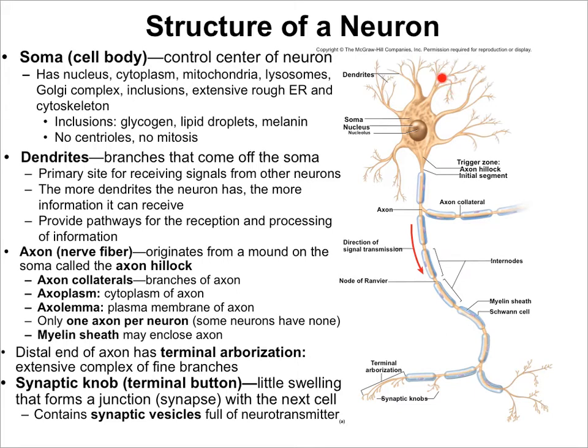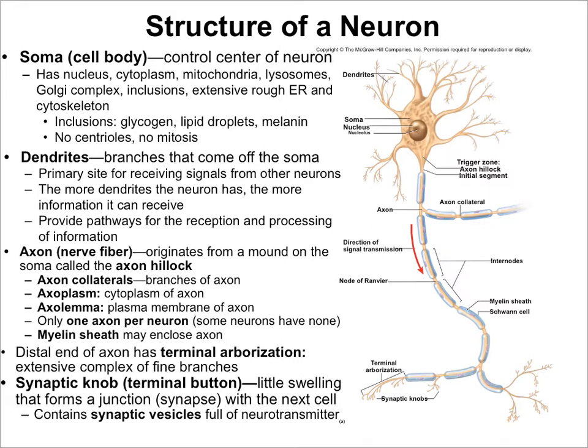While a neuron can have many, many dendrites, it has only ever one axon, or less. There are actually a few neurons that don't have axons. We'll talk about those in a second. But the typical rule is one or none, at least to start with.